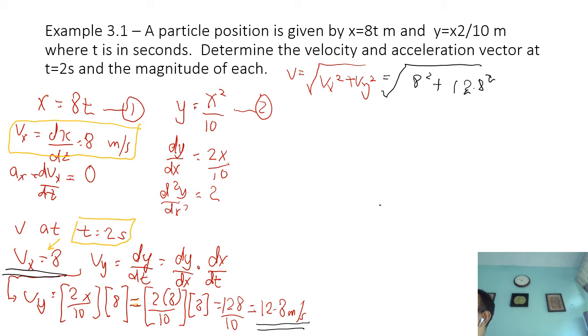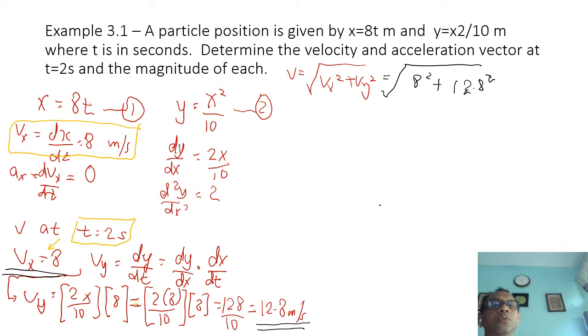Yeah, so x squared, 2x, and 2x dy over dx is 2x over 10.